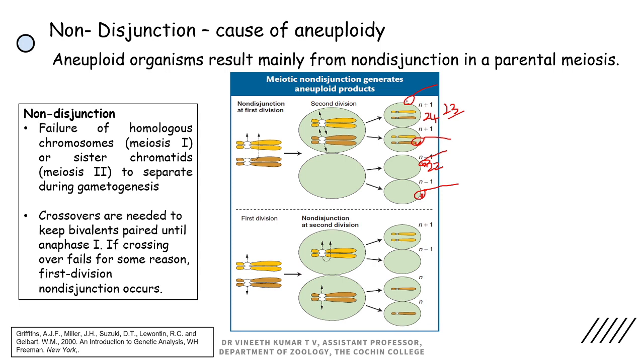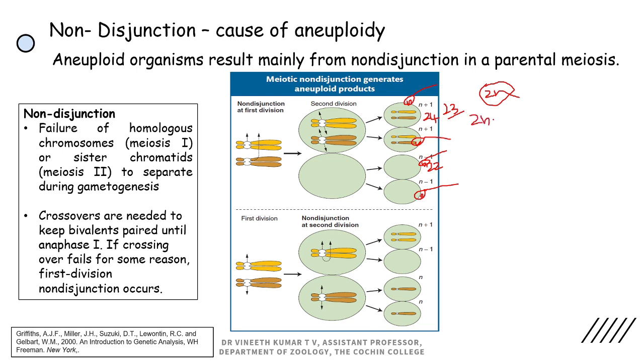So what will be the situation now? Normally, if the sperm is n and the egg is n, you get a zygote which is 2n. Here, the situation will be different.